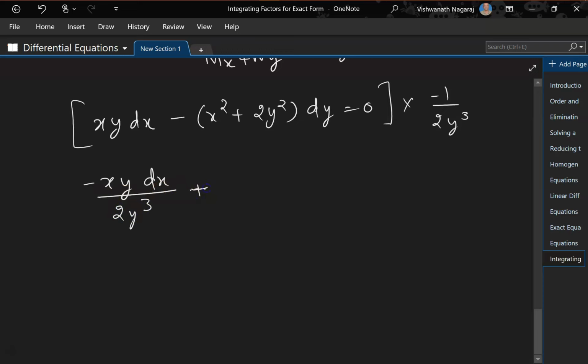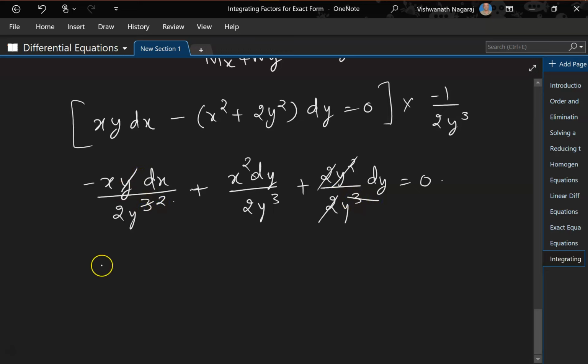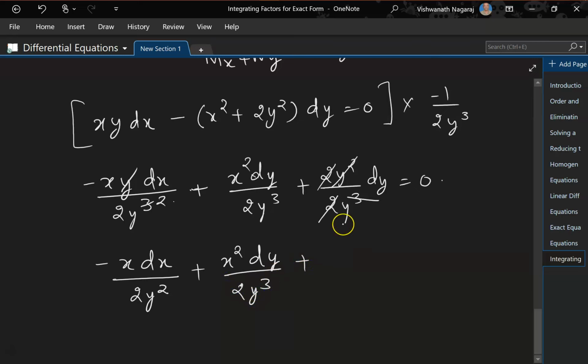Minus times minus plus, so x square dy by 2y cube plus 2y square by 2y cube dy is equal to 0. The 2 gets cancelled, y square gets cancelled, here y gets cancelled. So what we are left with is minus x dx by 2y square plus x square dy by 2y cube plus 1 by y dy.